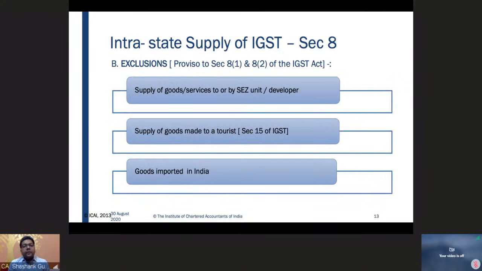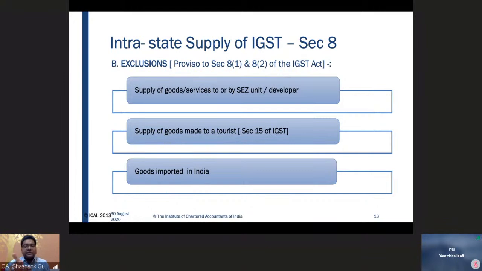However, there are some exclusions. Exclusions meaning that even if the location of the supplier and place of supply are in the same state, that is, suppose I am situated in UP, in Noida, and I am supplying services to an SEZ unit or developer which is also in Noida, not only in UP but in the same district.